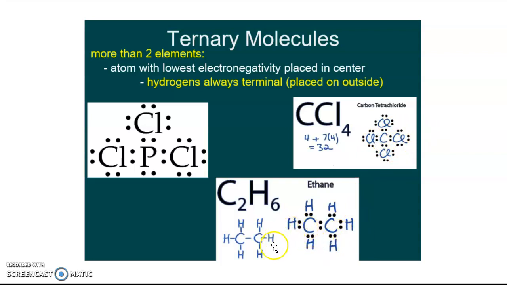For ethane, well, we put 2 atoms of carbon in the center and 2 electrons being shared between the 2 atoms of carbon, and then we put the rest of the hydrogen around the carbons. In this case, 6 hydrogen, and between a carbon and each hydrogen we have 2 electrons.